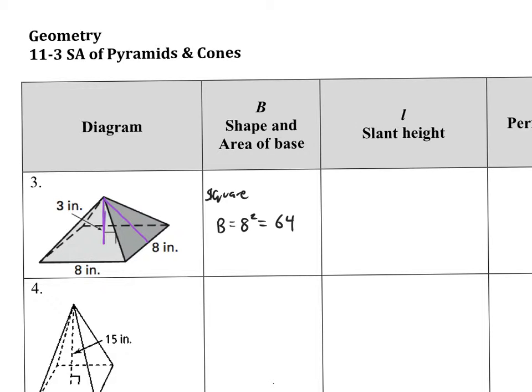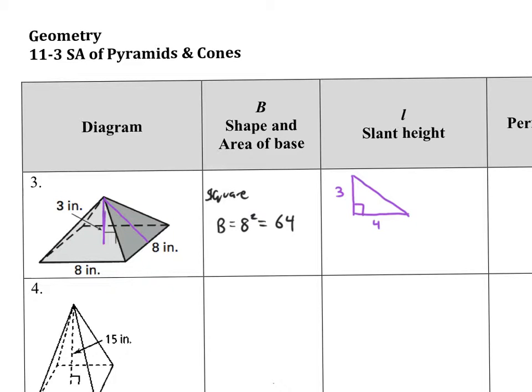Now the slant height in this case, I'm going to take a moment just to sketch the reference triangle so that I know what to do. This does not always have to happen, but for now, visually it might be helpful. So here's my height of the pyramid.